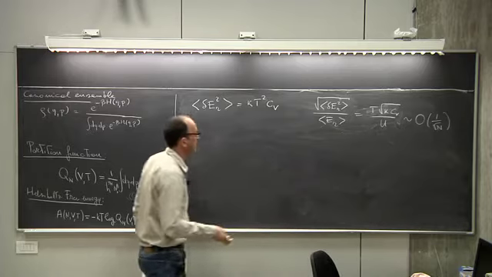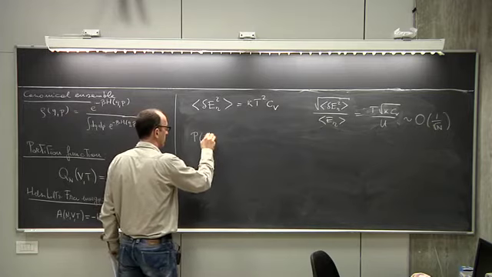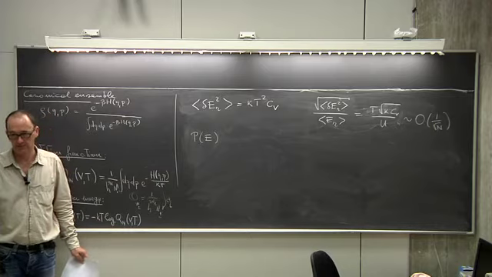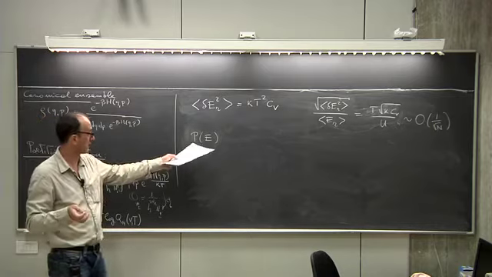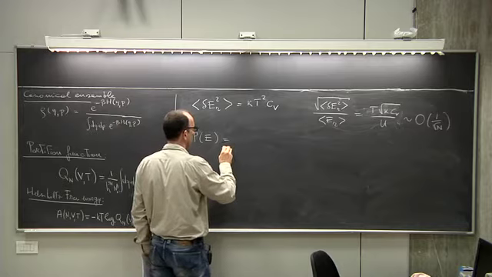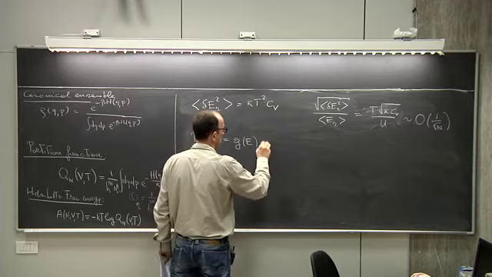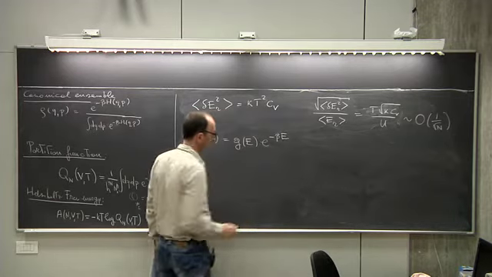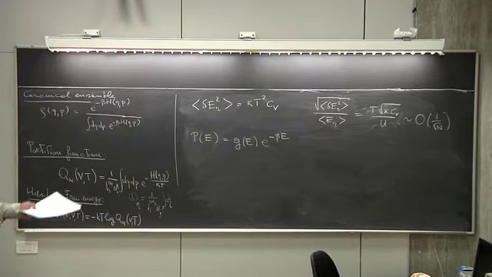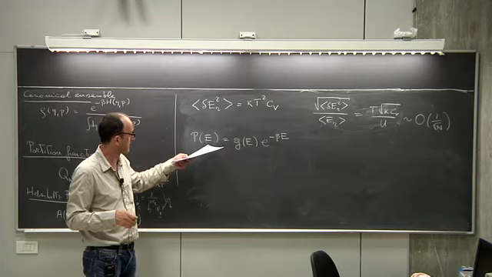So let us consider, as we said, that the probability to observe a particular system in the canonical ensemble with a given energy E can be written as a density of states times e to the minus beta E. Okay? So this is generally the way in which you can write the probability of a certain energy E.